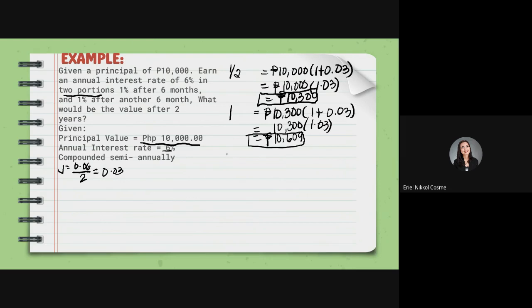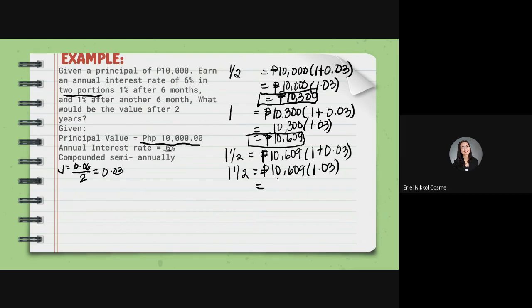How about the 1.5 years? So let's use 10,609 times 1 plus 0.03. So 1.5 years is 10,609 times 1.03.